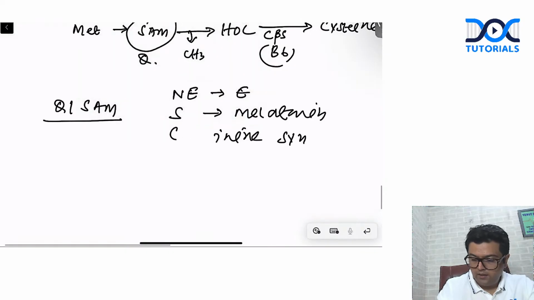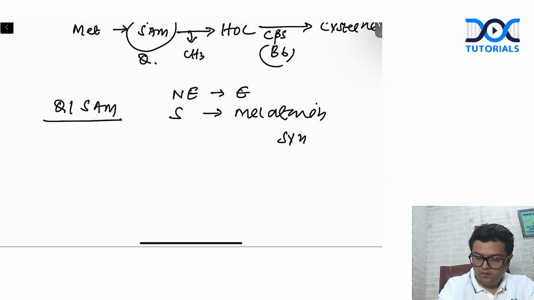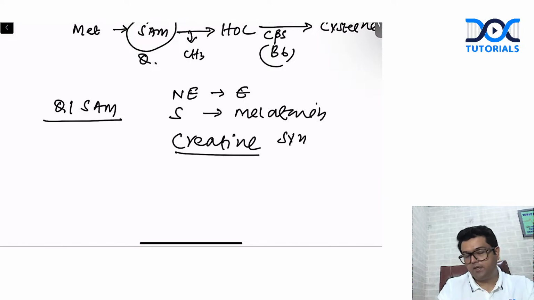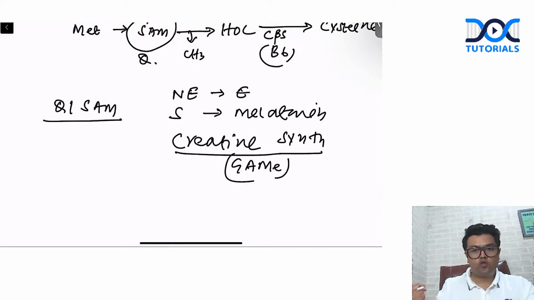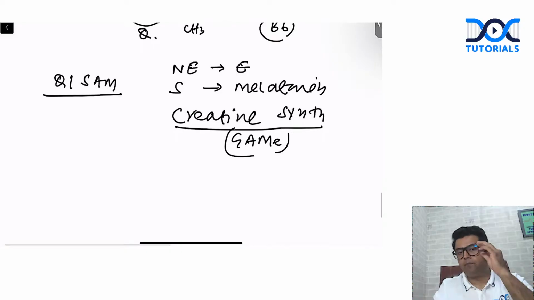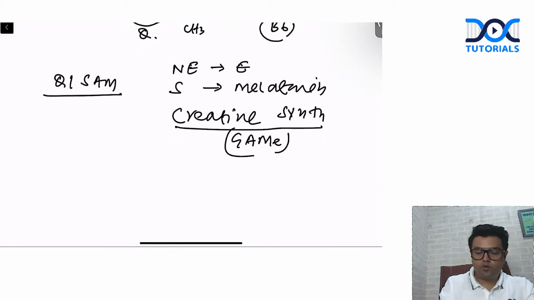Just change it. Creatine is made by three amino acids: glycine, arginine, and methionine. And because it's a source of energy, we can remember the mnemonic GAME: glycine, arginine, methionine. So that is question number one.